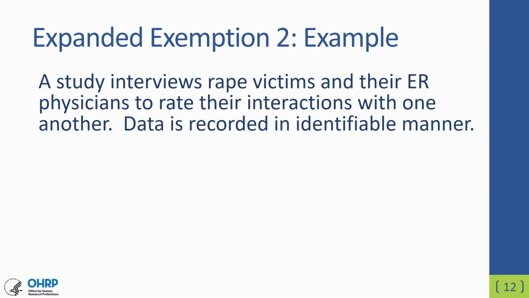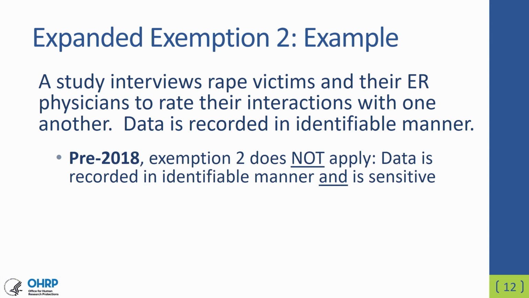Let's now look at an example about the expansion of Exemption 2. A study interviews rape victims and their ER physicians to rate their interactions with one another, and the data is collected in an identifiable manner. In the pre-2018 Common Rule, Exemption 2 will not apply, because the data is identifiable and also rather sensitive.